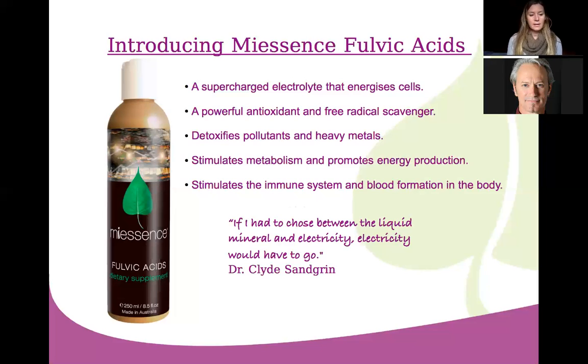And then the other one is the way they extract it from the earth. How it's normally done is it's extracted using chemicals, high alkaline and high acid chemical compounds, which results in an extremely low concentration of fulvic acids.